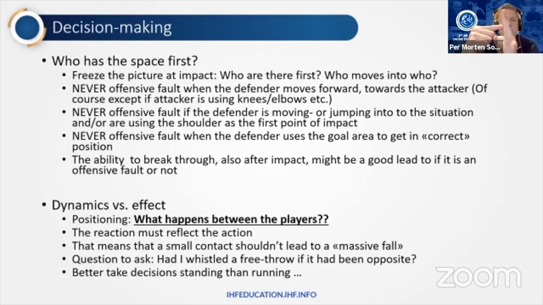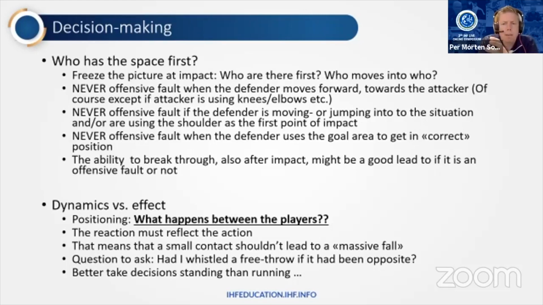It's stopped. Then it's a good signal that it's an offensive fault. If I'm able to break through and I'm squeezed by the two defenders, then they haven't been able to close the space early enough, and then it's rarely an attacker's fault.